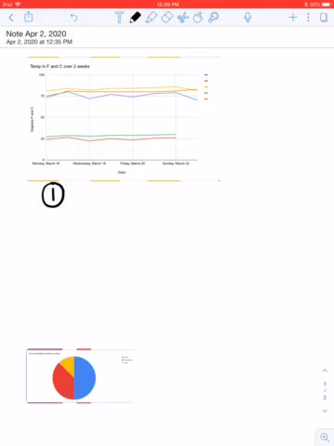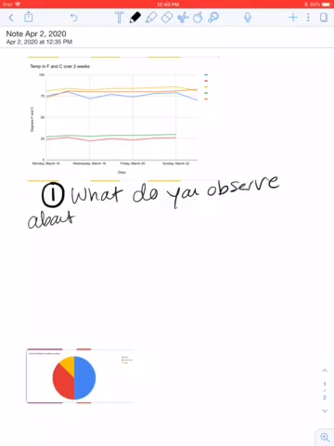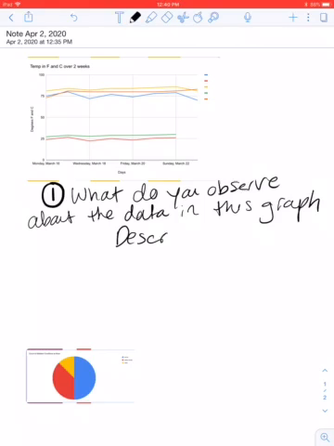Okay, I want you to write just what do you observe about the data in this graph? So I really want you to describe what you see. Okay, so please describe what you see.